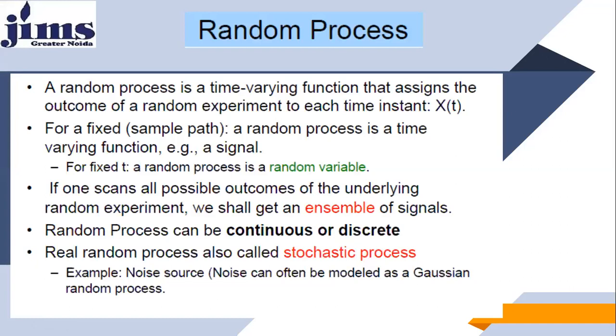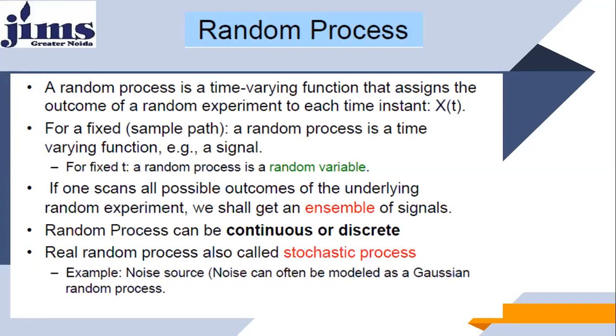So a random process is a time-varying function that assigns the outcomes of a random experiment to each time instant, x(t). When you're talking about a random process, and if you compare it with a random variable, you can say that a random process means something varying randomly with respect to time, right?